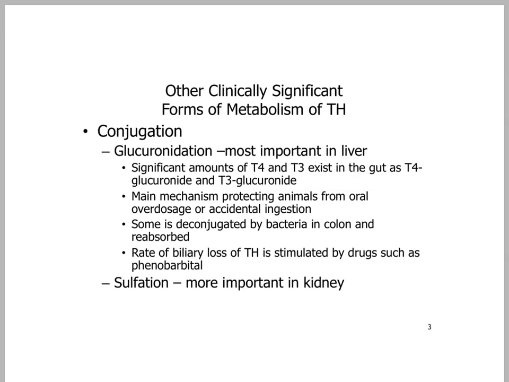This conjugation mechanism by the liver is a major mechanism that prevents animals from having an accidental overdose. And we can give sometimes bottles of T4, or a dog could eat a bottle of T4 and not really be impacted by it as much as a human would be, because the mechanisms for elimination are so dramatic in the dog and cat.